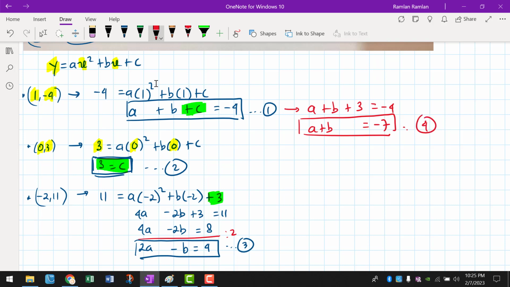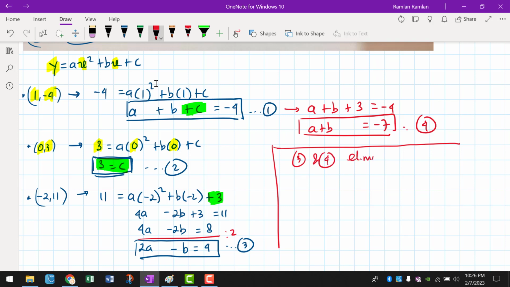Now I have found the value of c. Now I only need to find the value of a and b. We can use the substitution method or the elimination method to solve this problem, because we have equation number 3 and equation number 4. I'm going to use the elimination for equation 3 and equation 4.